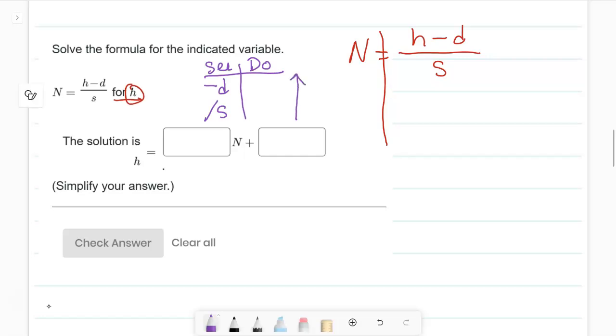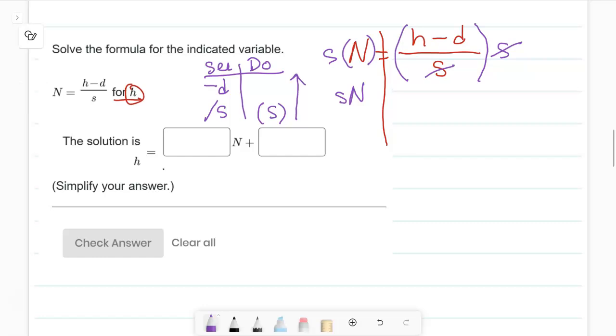Instead of dividing, we're going to multiply by S. So I'm going to multiply all of this by S and the N by S so that the S can cancel. S times N is just S N.